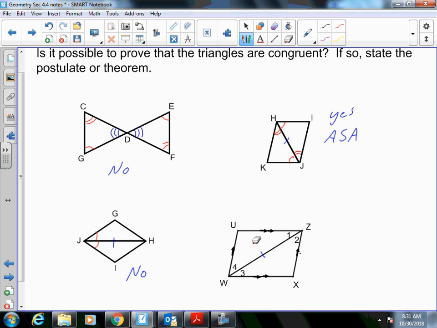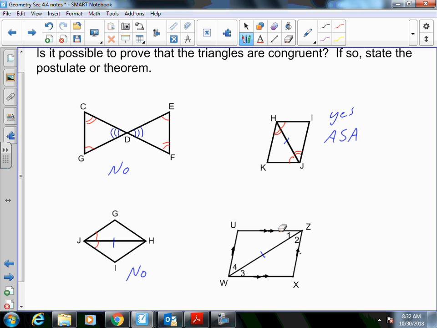And since those are parallel, that gives us information about these angles 1, 2, 3, and 4. Because if we have parallel lines, then WZ becomes a transversal. We look at it as a transversal with parallel lines, kind of like what we learned in chapter 3. And we have special relationships with those angles when we've got parallel lines.